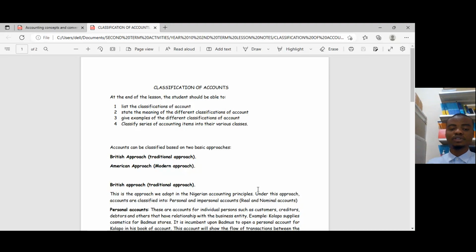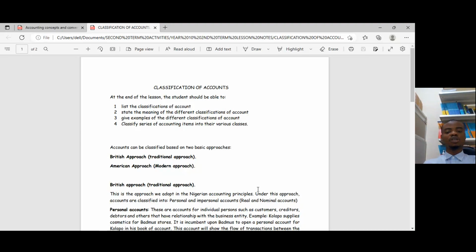For example, here in Nigeria, we have a British background because we were colonized by Britain. So basically, most of our accounting classification will be based on the British approach, but that doesn't mean that we cannot learn something about the American approach.